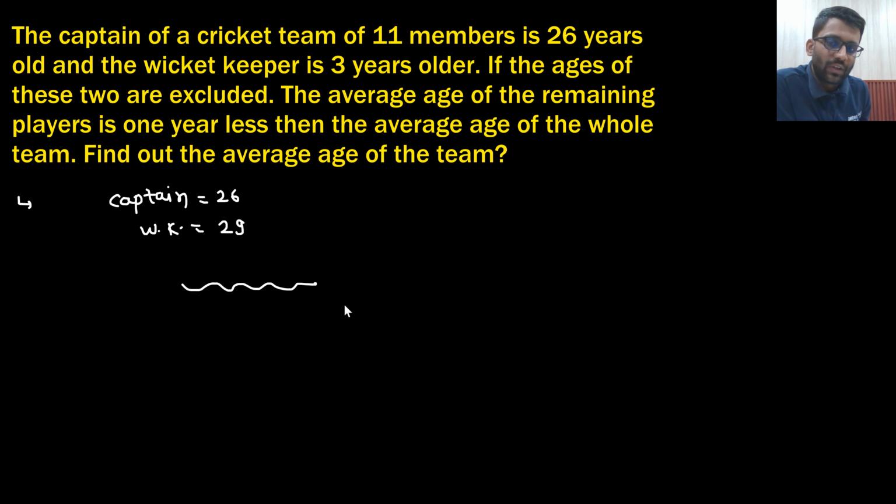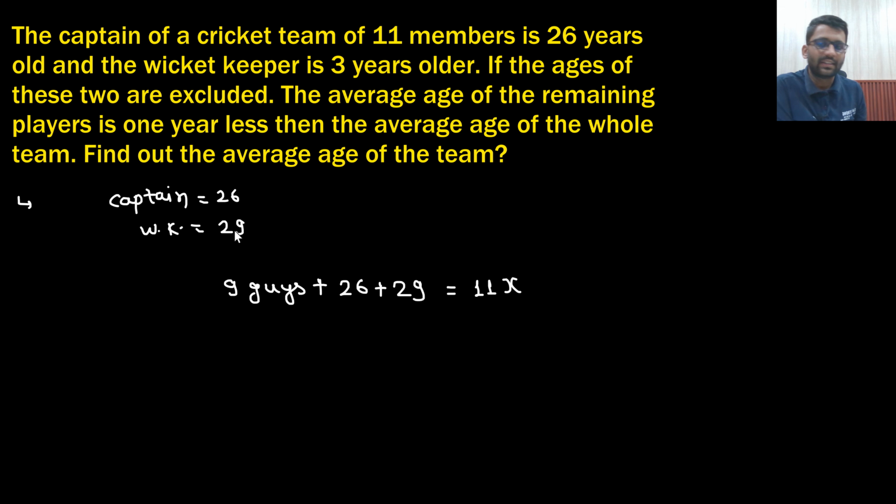So the average of the whole team will be these 9 guys plus captain plus wicketkeeper divided by 11. Let's just say that average is x. Now what they are saying, the average age of the remaining guys is one lesser than the average of the whole team.